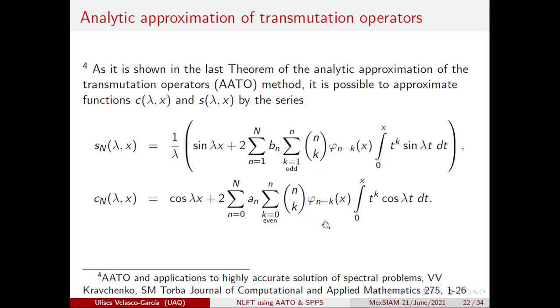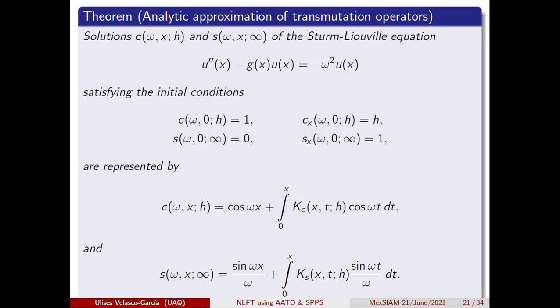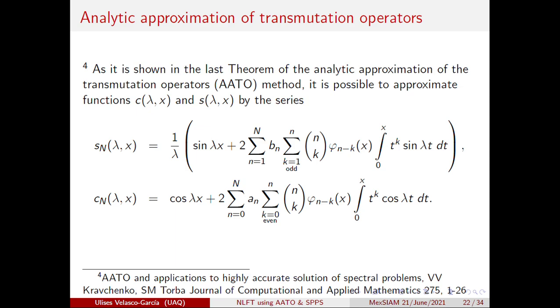The kernel is really easy to build. We just need those S of n and C of n representations, which are series, and phi is related to the formal powers x tilde and x I was talking about before.